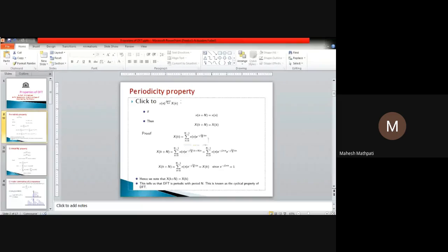So first, in a proof, we are writing the formula of DFT. What is the formula of DFT? We have to start the proof with the definition of DFT.